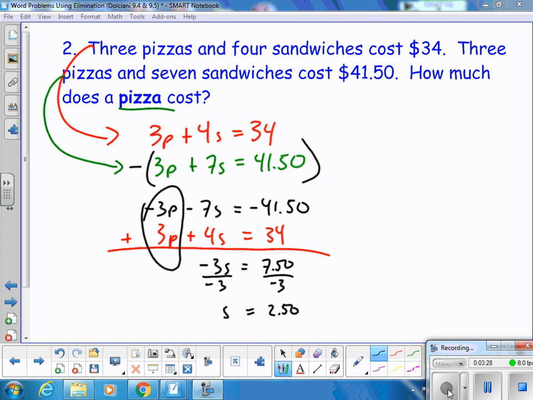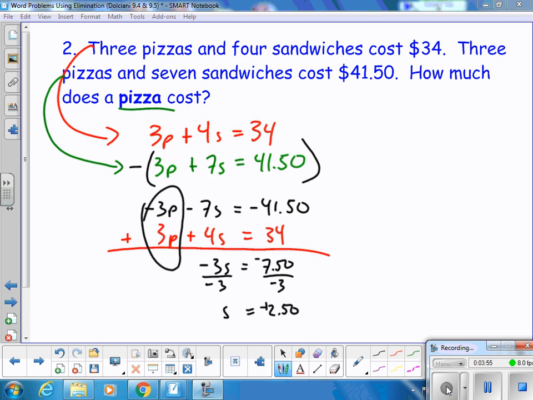Yep, that looks right. So it seems like the sandwiches are negative 250. Oh, that's because up here, this 750 is also negative, so it's positive. That'd be crazy if I paid $2.50 to get a sandwich, or like they paid me to get it. But sandwiches are $2.50. As I just reminded myself, we have to pay attention to those negatives.